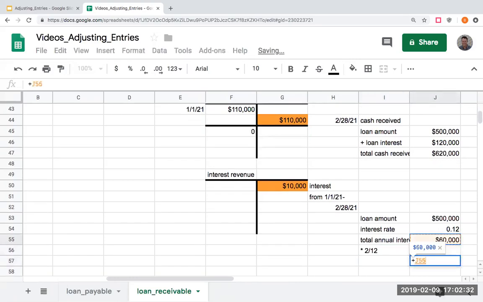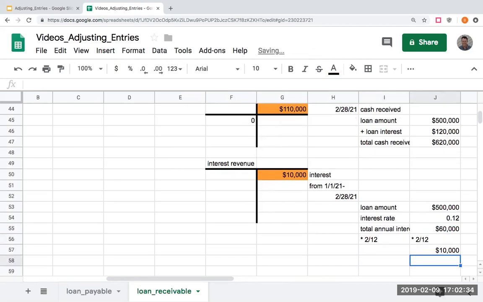So 60,000 times 2/12 gives me $10,000. That represents interest revenue from January 1st, 2021 through 2/28/21.